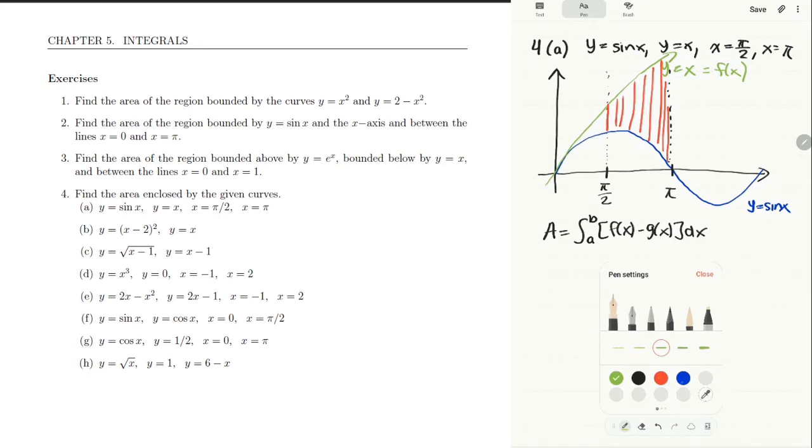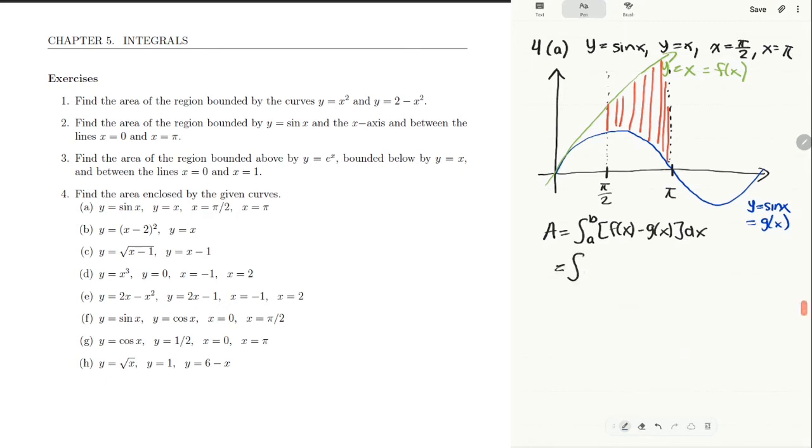And the lower function is going to be the sine function, so we'll call this g of x. And so the area is the integral from pi over 2 to pi of x minus the sine of x dx.